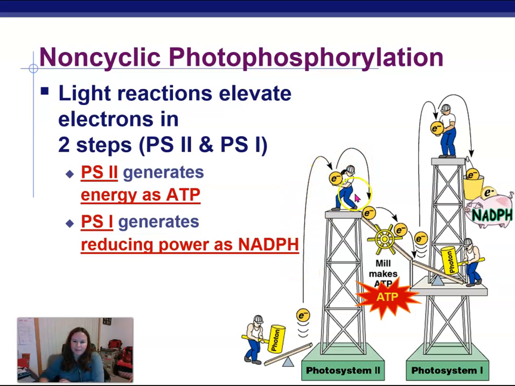And then an acceptor, there's the acceptor, grabs it, moves it along the electron transport chain to replace the ones here, but we've got more photons of light hitting photosystem 1, bouncing up electrons. This worker grabs it, puts it in the pail or the NADPH and grabs it. This is basically what's happened. And if light and everything is there, we just keep it moving and we don't back anything up.